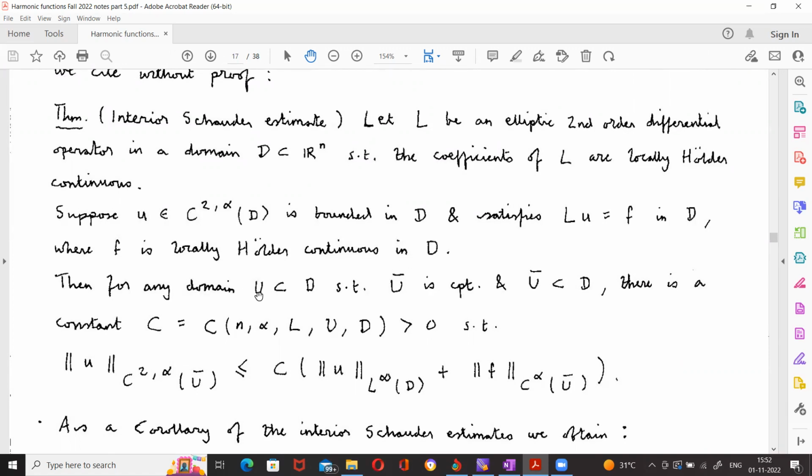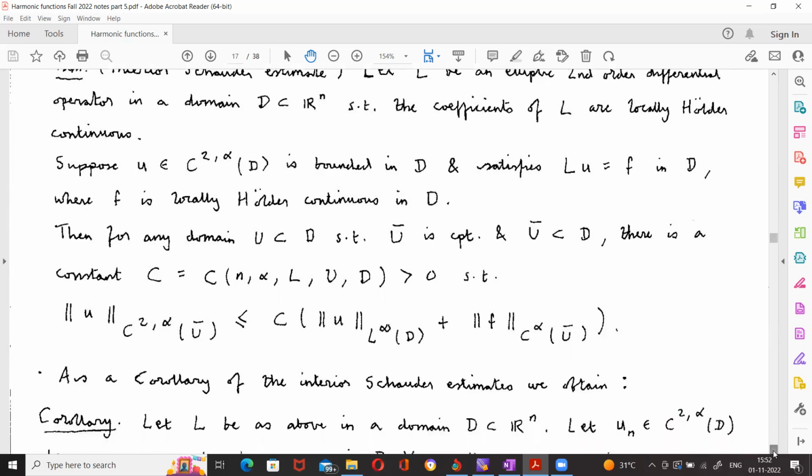Then for any domain U in D such that U closure is compact and contained in D, we have a constant C such that we get an estimate similar to the global Schauder estimate. That is, the C2 alpha norm on U closure. Because my u is locally C2 alpha, it is C2 alpha on any compact subdomain of D. So this is finite anyway.